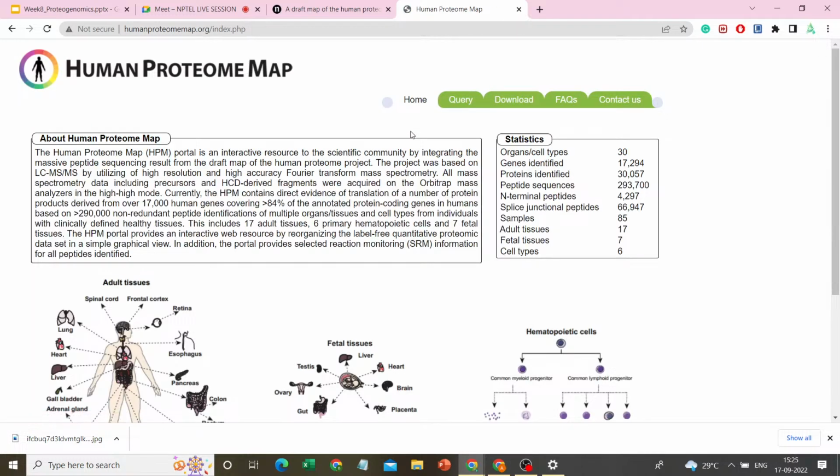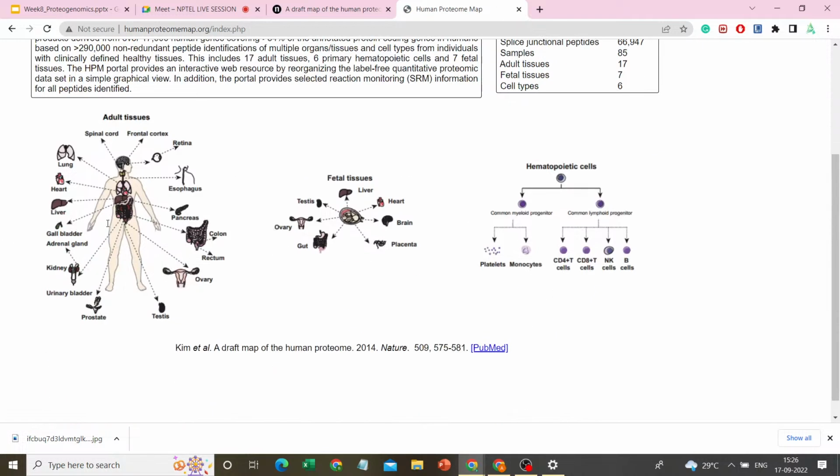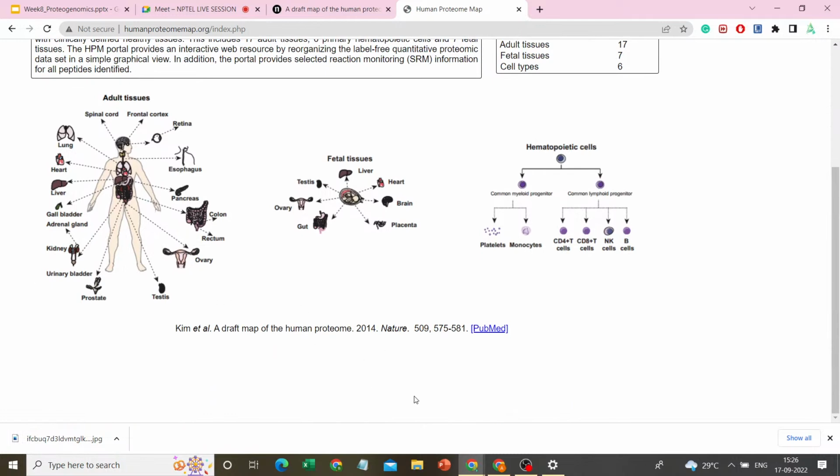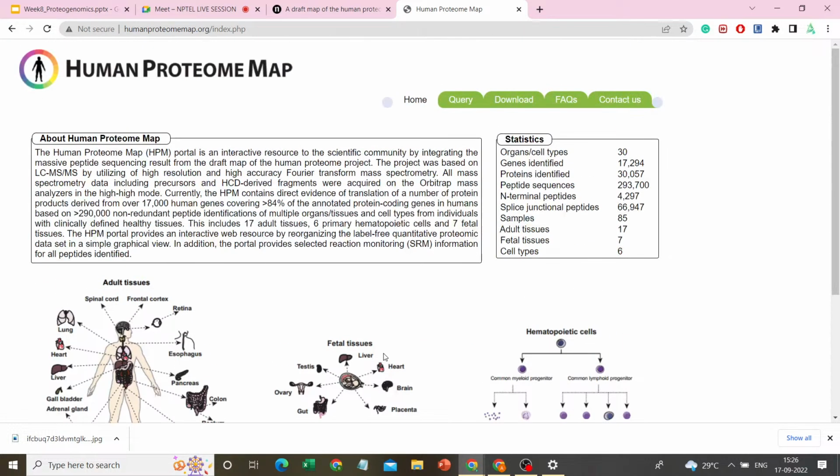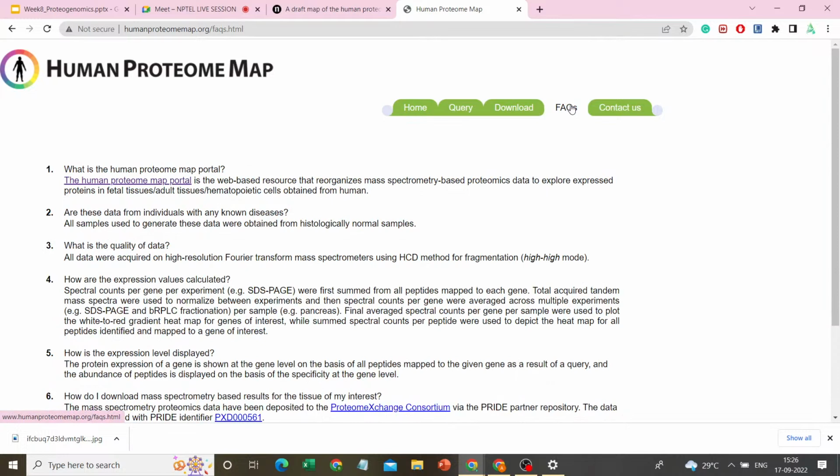So this is where the Human Proteome Map was done, and this was published in 2014, and it has been set up as a web portal where you can identify the expression levels of the mass spectrometry based identification of the different proteins.